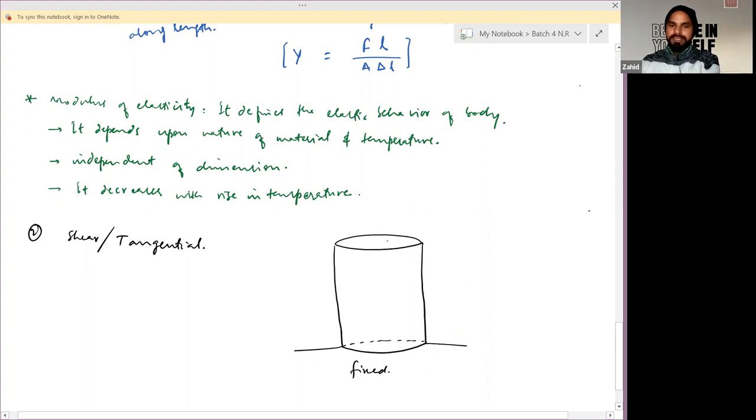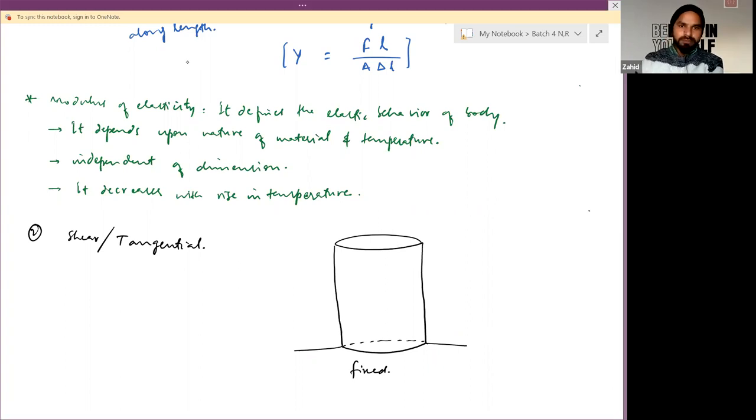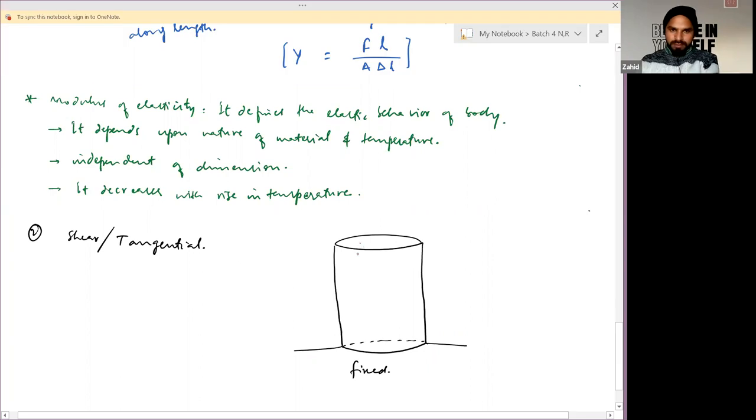And if you apply tangential force on its top surface, it will bend along this path slightly.